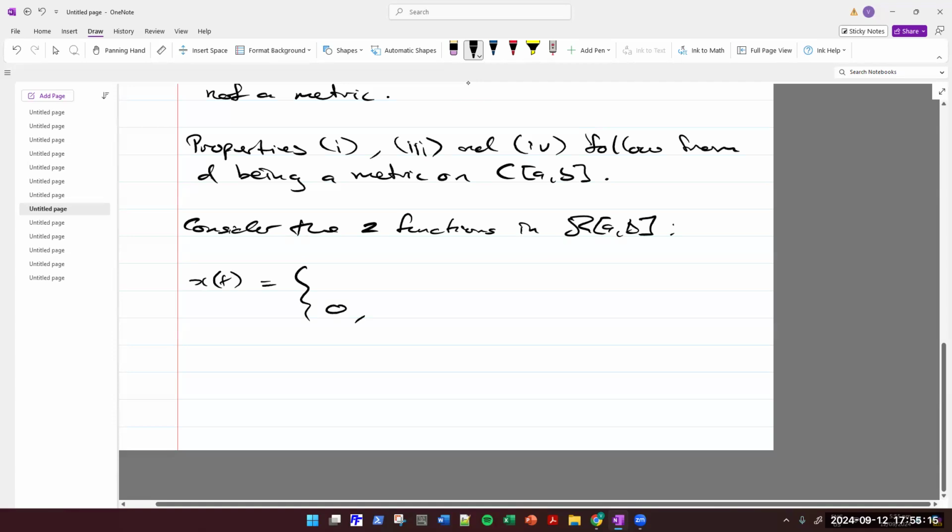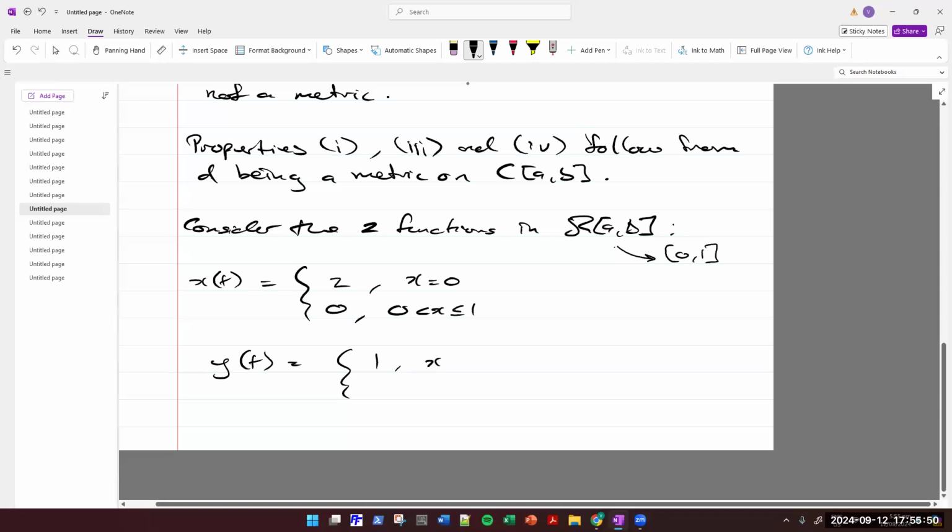So let's just say, for example, that this is on [a, b], with [a, b] equal to [0, 1]. But it will work for any. So between 0 and 1, and the value at 0, I'm going to say it's 2. And y of t is similar, except I'm going to put that as 1.